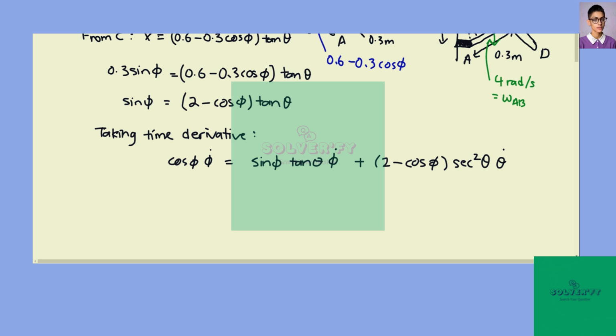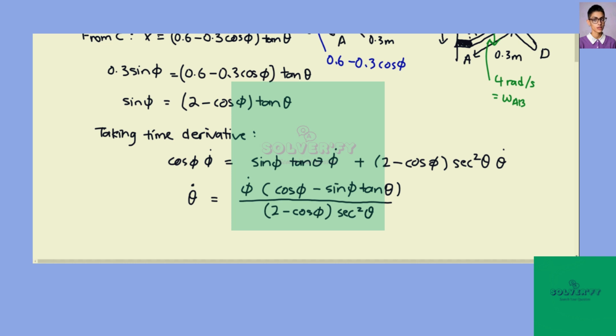So theta dot is going to be phi dot times cosine phi minus sine phi tangent theta, divided by 2 minus cosine phi secant squared theta.